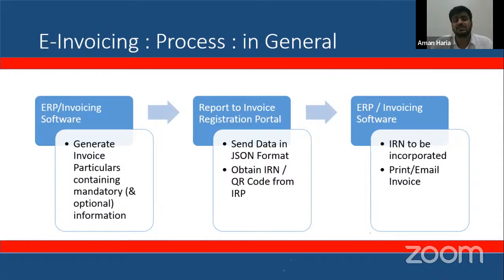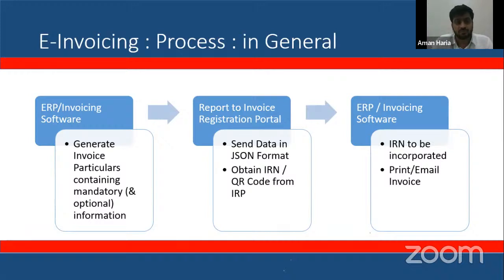And once that has been incorporated, your invoice, that is the final tax invoice, would be generated, which will not just have the regular details which you have currently, but it will additionally have these two details of IRN and the QR code, which we just generated.